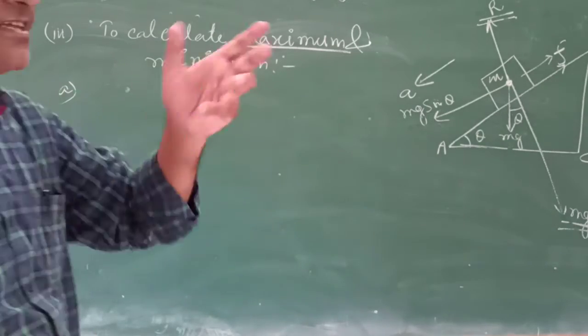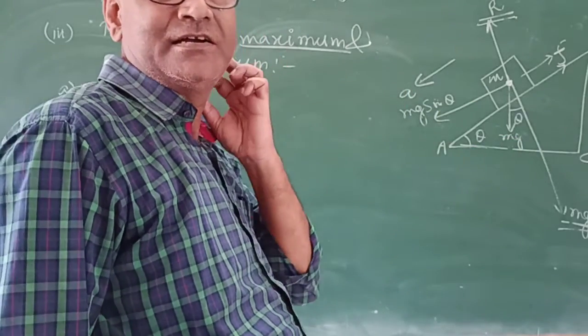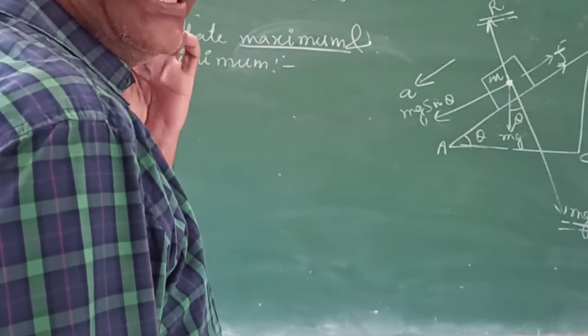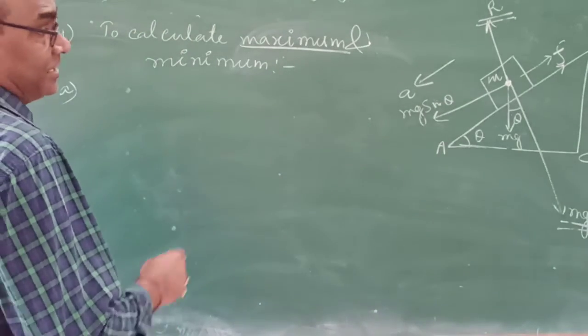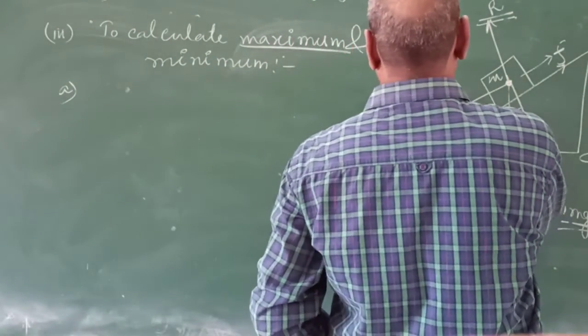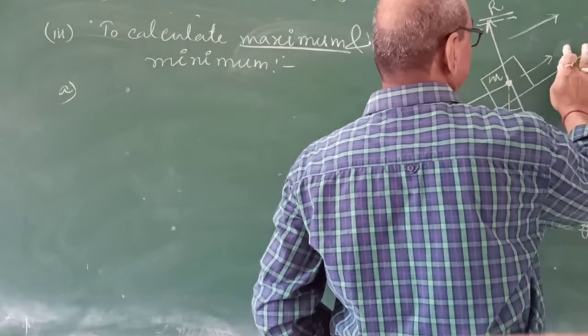कितना आपको ज़्यादा से ज़्यादा फोर्स चाहिए to pull the block in the forward direction from A to B. Then net force. In that case, you have to accelerate the body in the upward direction so that you will experience a maximum force.